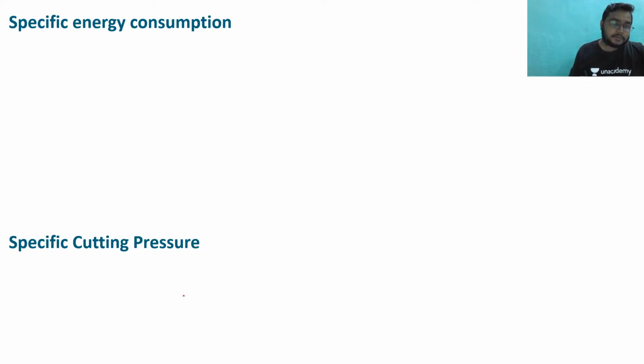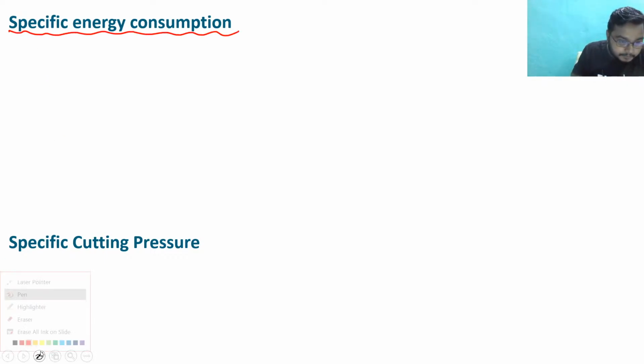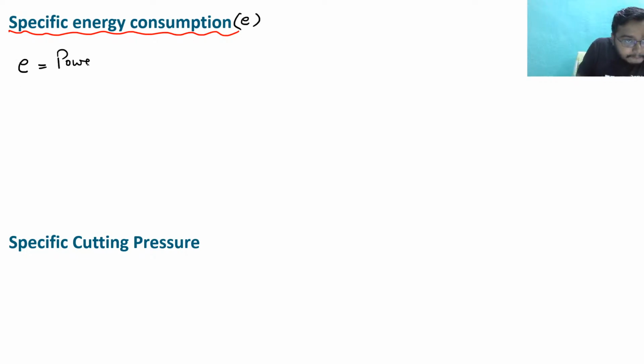important topic is specific energy consumption. See, what is specific energy consumption? Specific energy consumption, which is denoted by small e, is defined as power by MRR, power by material removal rate.